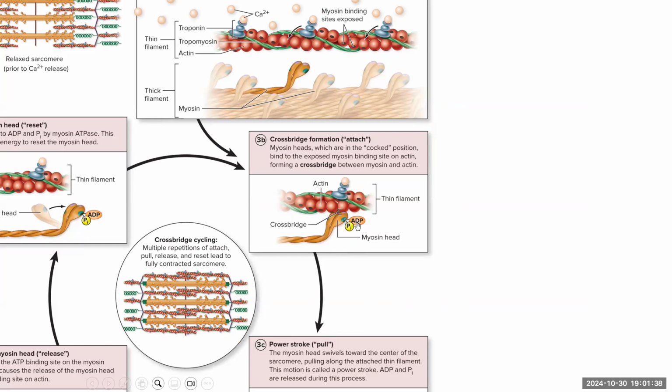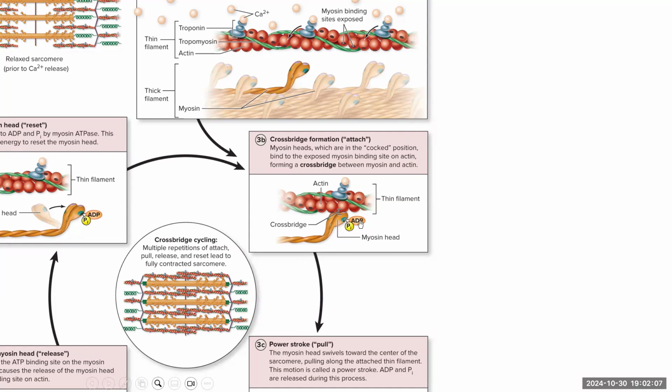We have an ADP molecule and an inorganic phosphate molecule bound onto the myosin head, because your myosin heads have two binding sites. One of those binding sites attaches onto the actin binding site.